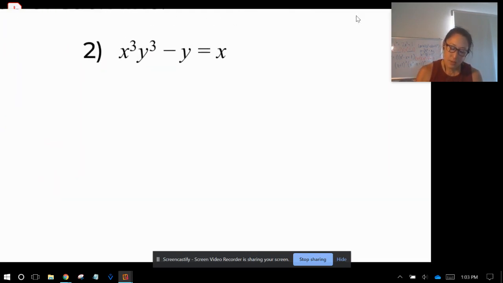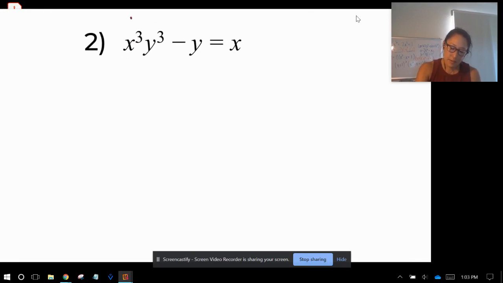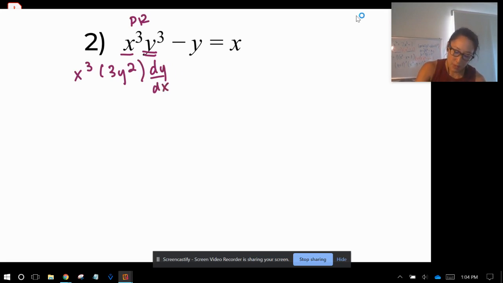All right, next one. It looks like I have some product rule here. So left is x cubed and d right is 3y squared, and then tack on our dy/dx because y does not match x, okay? And then plus the left, y cubed, times 3x squared.